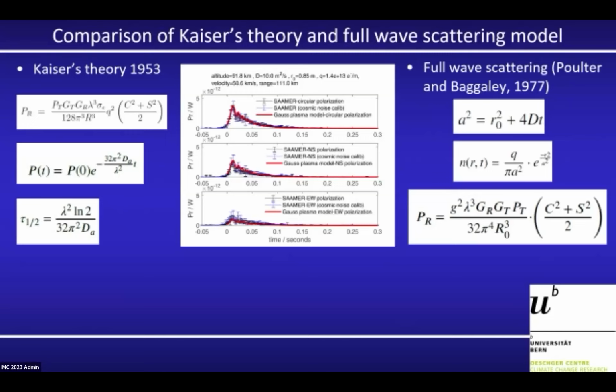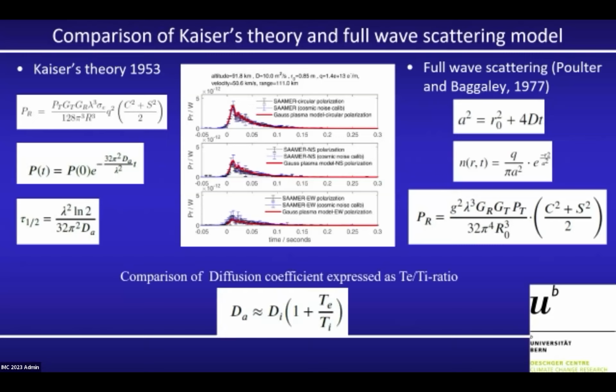And now the idea was, let's apply Kaiser's theory to the full wave scatter model. And we can even remove the Fresnel oscillations because we don't need them. This is just the convolving part. And we can express the differences between both solutions as a difference of these electron and ion temperatures, which were always supposed in the past to be equal.